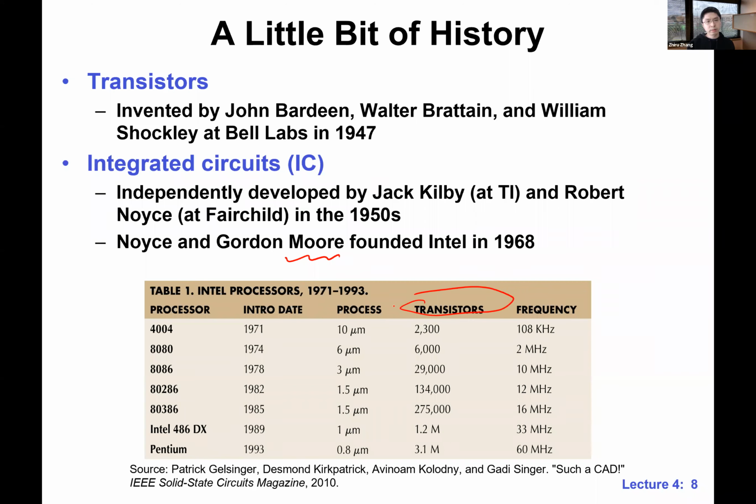You look at the transistor count, the number of transistors we can integrate on a single chip. It's going to double every year. That's Gordon Moore's prediction. But later on, he made some correction. He said that maybe it's 2 years, doubling every 2 years. And later on, there were other corrections, so 18 months, and now it's actually slowed down a little bit more.